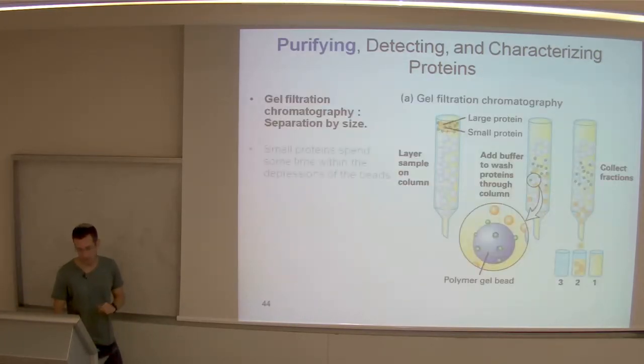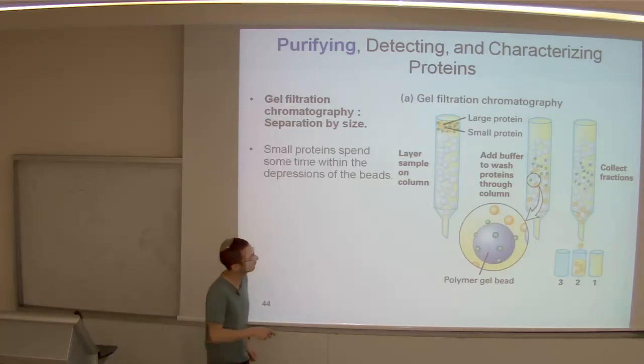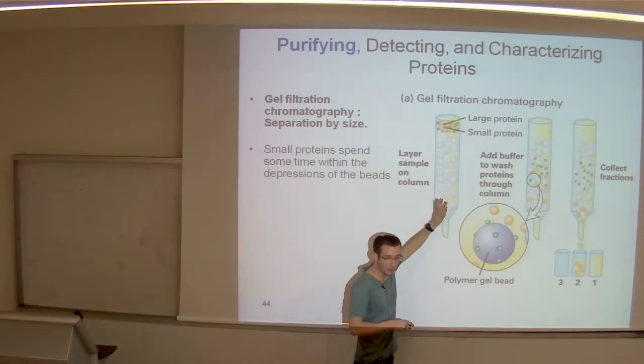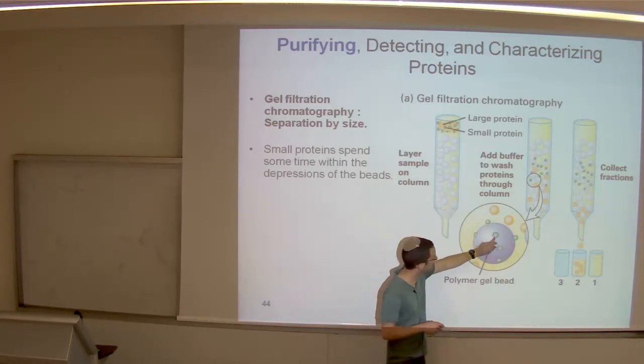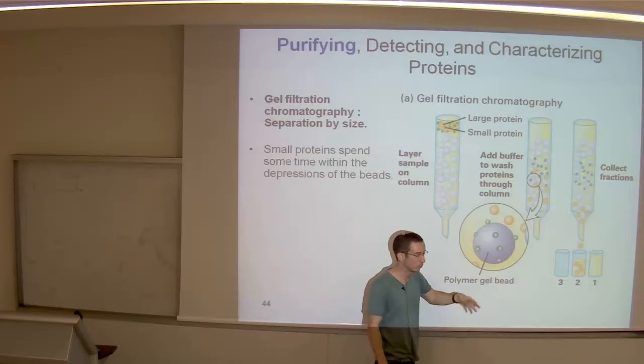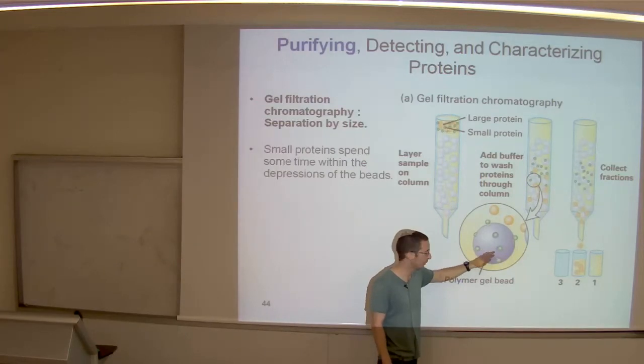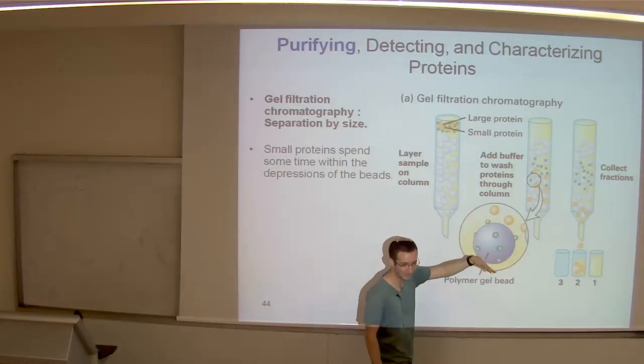The first to be discussed is gel filtration chromatography, which separates proteins by their size. In this case, what you have inside the column are beads with small depressions scattered around them. Small proteins will interact and fall into these depressions on the beads. Thereby they will be delayed and will exit last.